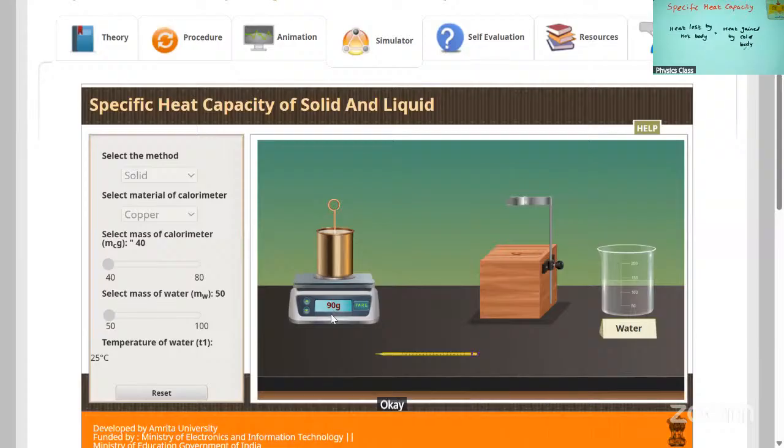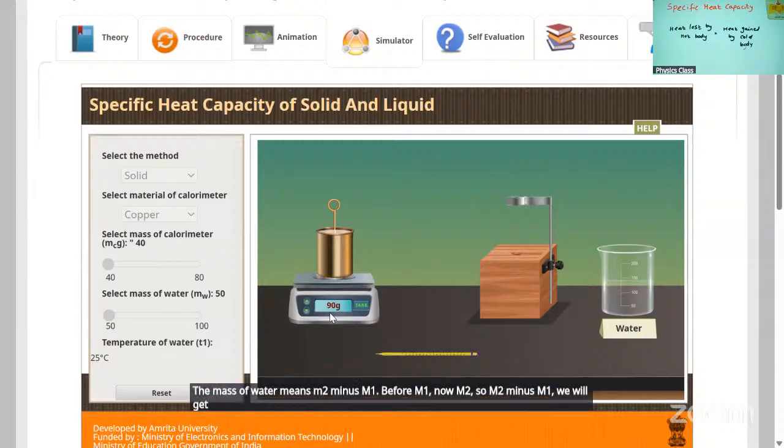Noting this mass as M2. The mass of water is M2 minus M1.